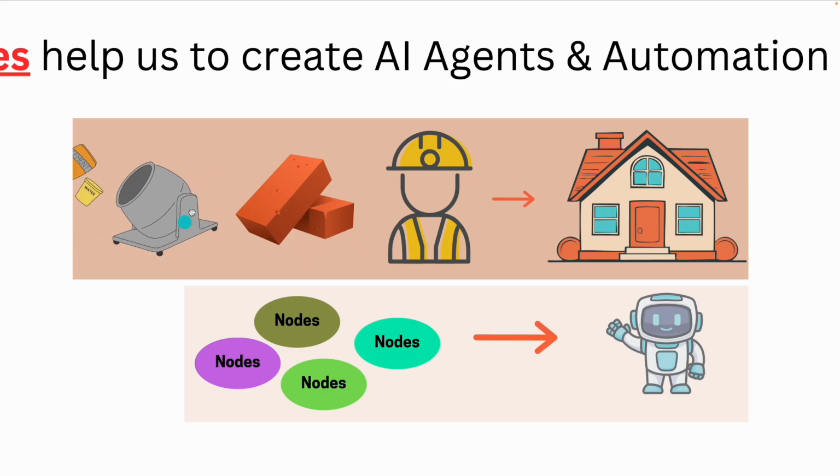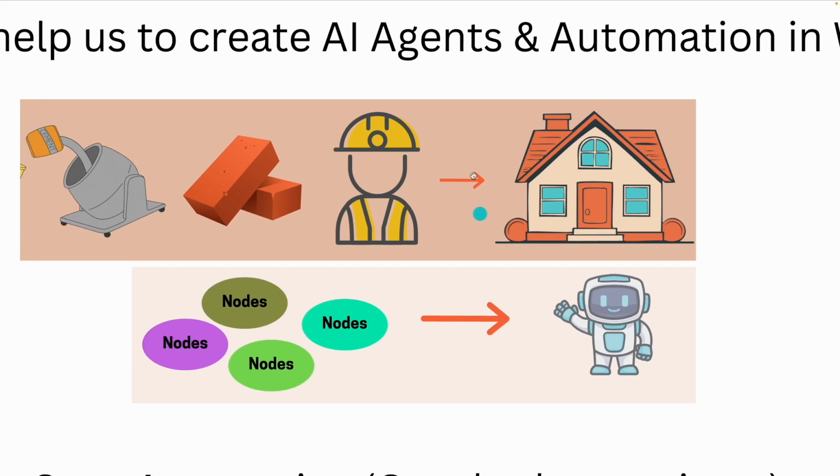All of them combine together to help us build a house. Of course labor can build a house, but labor cannot build it alone. Labor will always require cement, bricks, water, and the labor himself. Then only will they all work together to build a house.